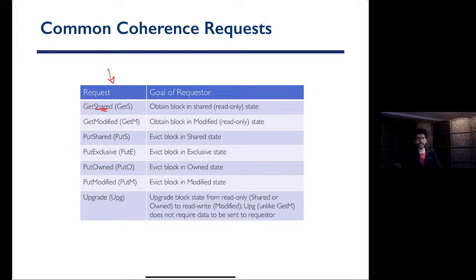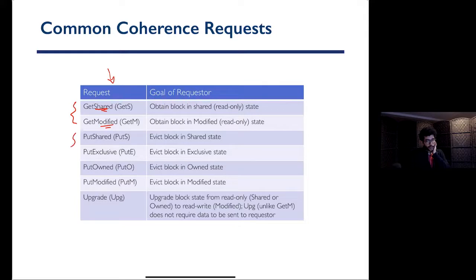I might want to say, allow me to access this cache block in a shared state, or provide me a modified state, or so. These are to read from this.